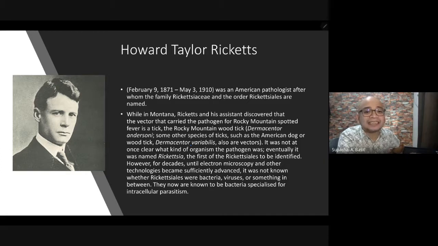However, for decades, until electron microscopy and other technologies became sufficiently advanced, it was not known whether Rickettsiales were bacteria, viruses, or something in between. Now, we are very sure and we have already established that they are bacteria specialized for intracellular parasitism.